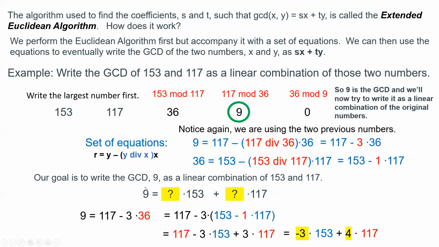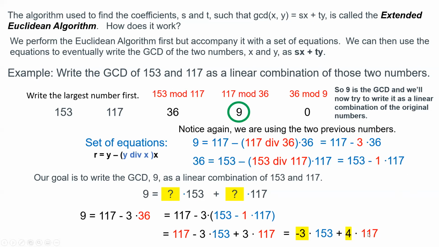Write the GCD, which was 9, as a linear combination of these two original numbers. So I could say my S, because S is what goes in front of the X, is, let me remember, the X would be the 117, I think.